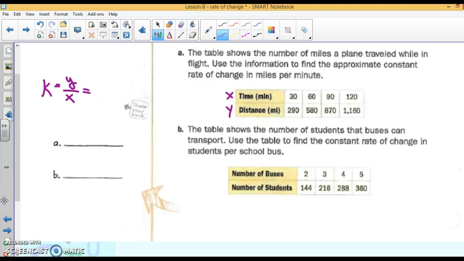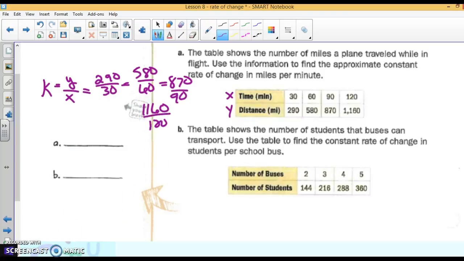And if we check every single one of these, 290 over 30, 580 over 60, 870 over 90, and 1,160 over 120. If you divide those, you will get 9.67, and it is miles per minute. That is the rate of change or the unit rate.